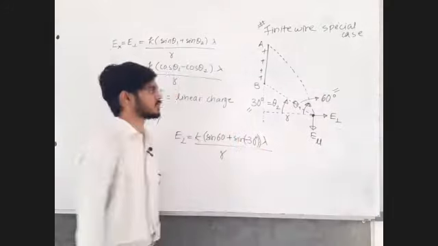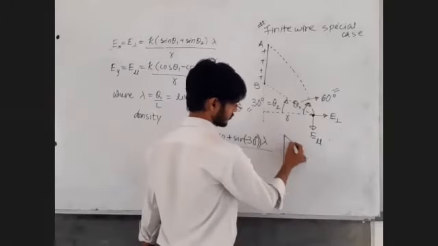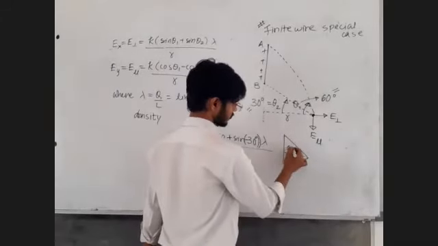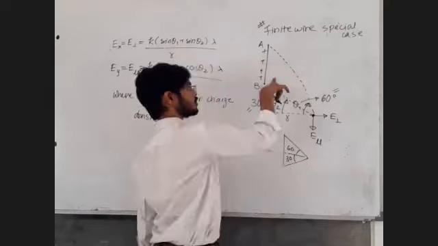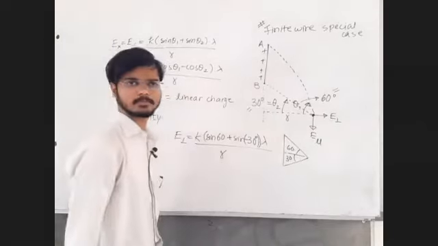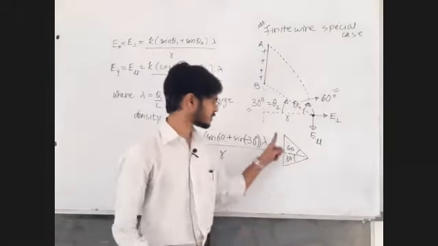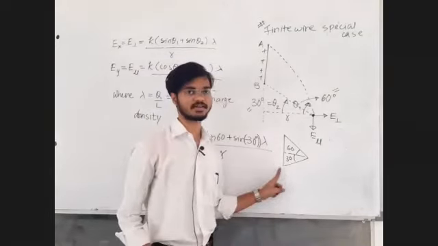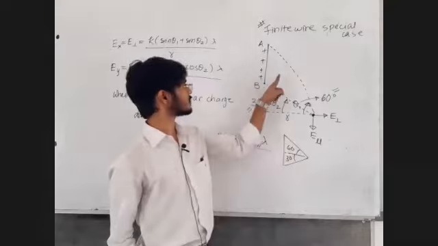Then you will get a wrong answer, because that will be a different case. If you put that 30, you will get the answer for some different system.